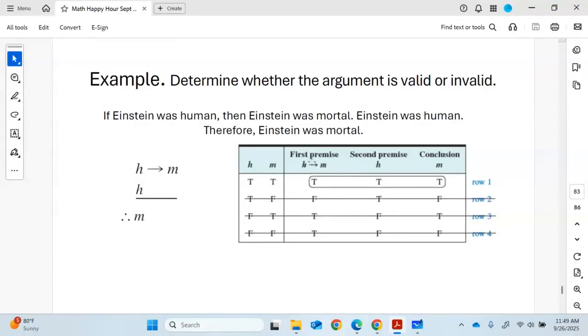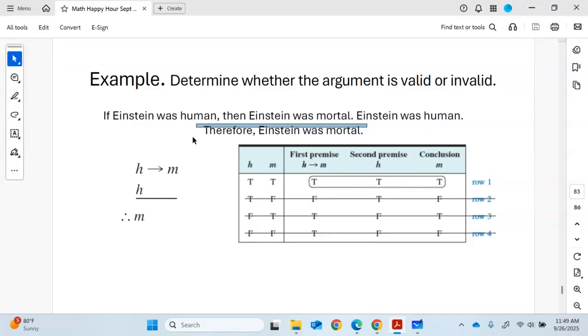So it happened that when both premises are true, the conclusion is also true. That means that this is a valid argument. That's the whole idea of a valid argument. So I could say that this whole argument is valid because of that.